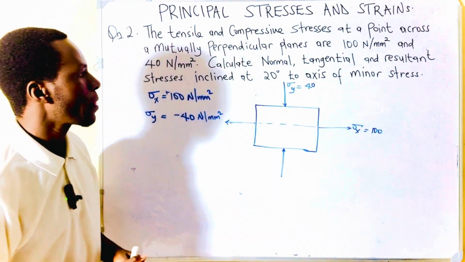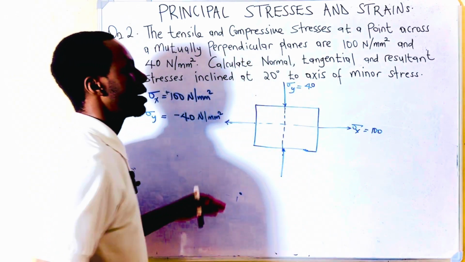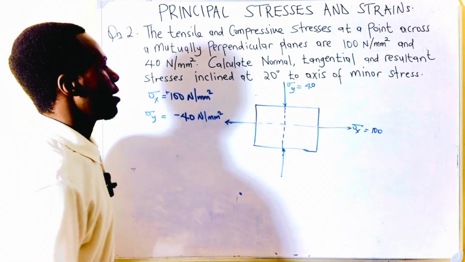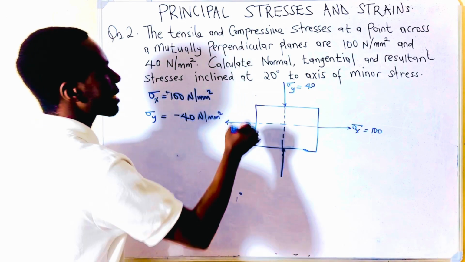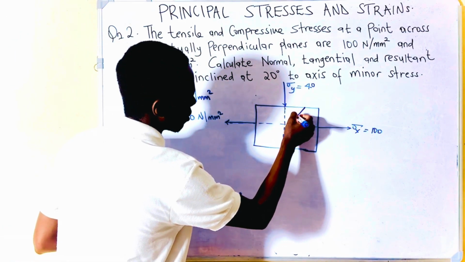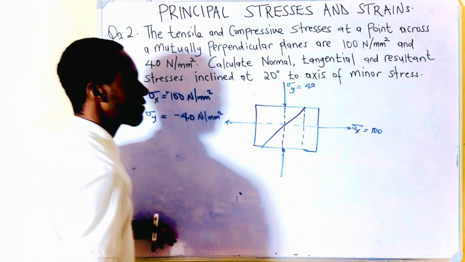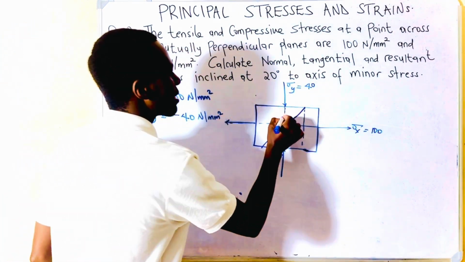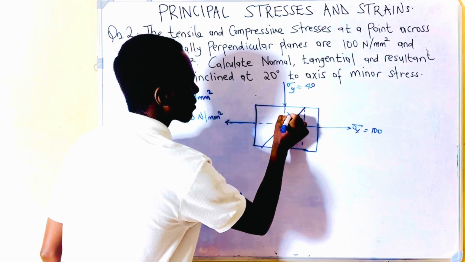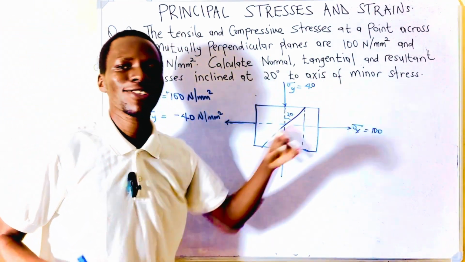When it is compressing the member, it is negative. So if this is the minor axis, and this is the major one, and they say the plane has been inclined, let's have the inclination here. It has been inclined 20 degrees, so this angle is 20 degrees to the axis of minor stress.